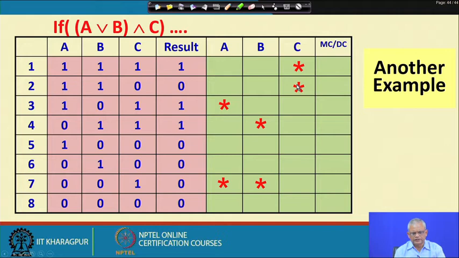Now, let us create the MC/DC test suite. We need 1 and 2, that will show the independent influence of C. We need 3, 4 and we need 7. So, that is 1, 2, 3, 4, 5.